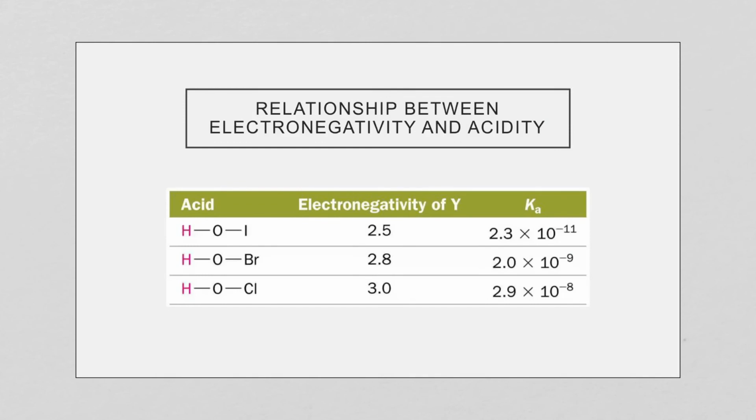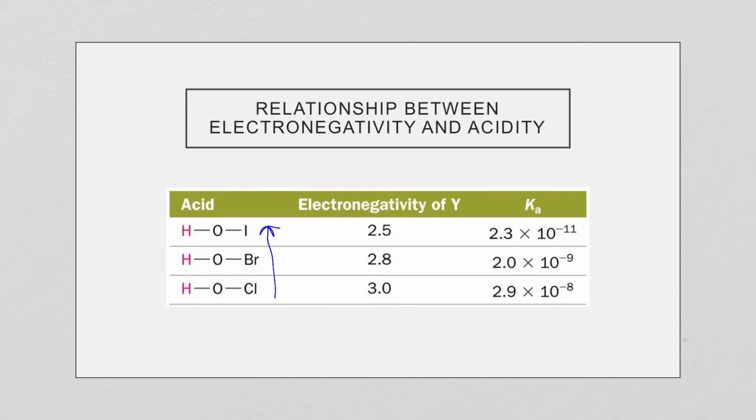So we can look at an example here. Here's that going down. Now this is sort of in reverse order, so this would actually be going down. As you go down, the electronegativity gets lower, so it's going to be less polarizing, and you can see the acid becomes weaker.